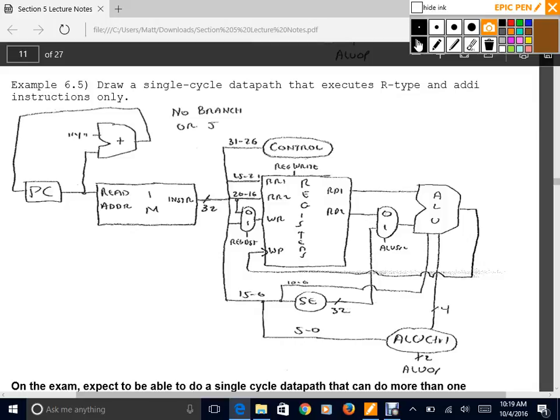So RD is the register we're writing to in an R type instruction. In RT, we have to decide if it's that case for I type, since it's an add immediate, right? So I have to make that decision between bits 15 to 11, which is RD, and 20 to 16, which is RT. So I use register destination to determine which destination I'm going to.